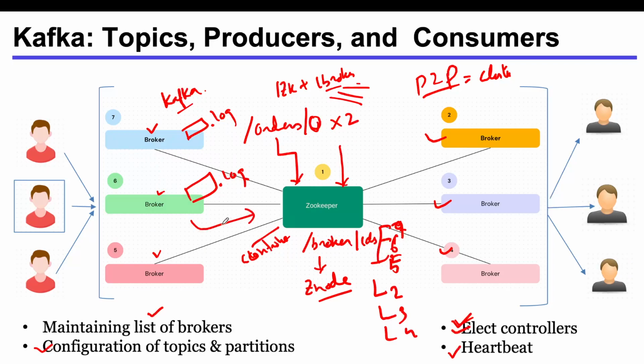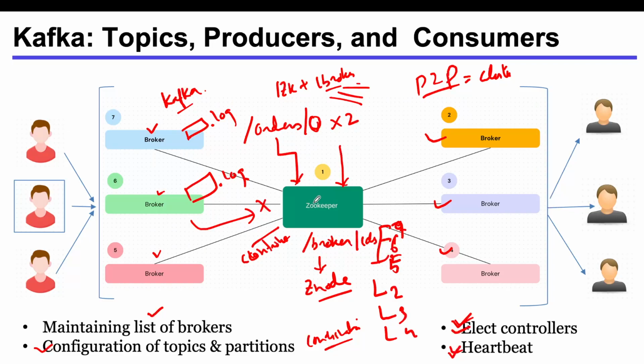If it doesn't send the heartbeat to the zookeeper within that predefined time, then the zookeeper will assume that this particular broker no longer exists and will remove it from the active list. So all this coordination service information is maintained in the zookeeper. That's the role of the zookeeper.